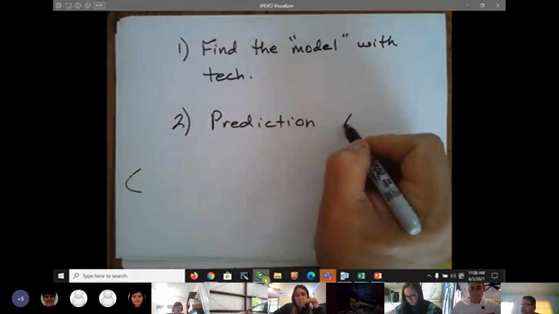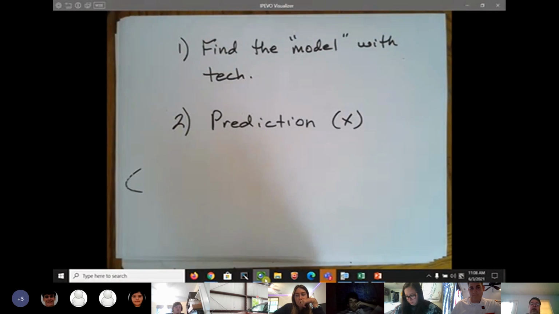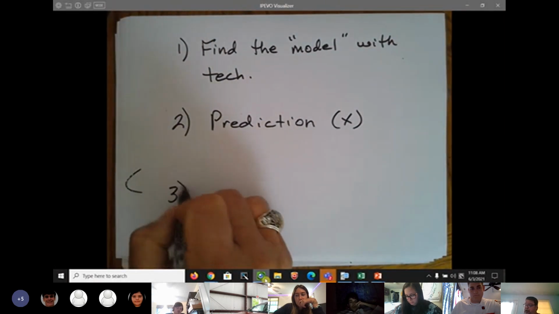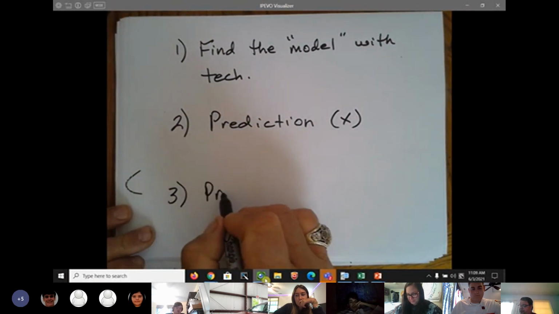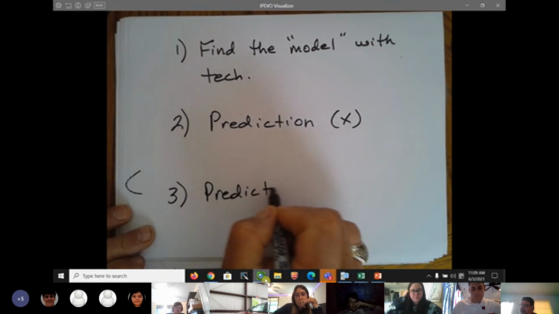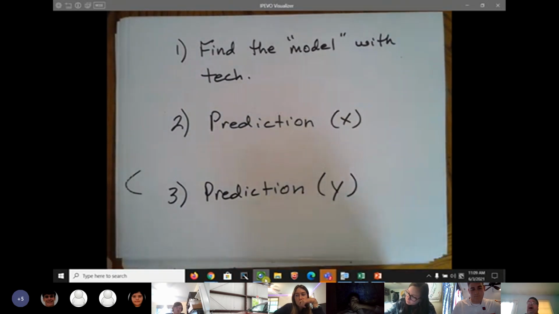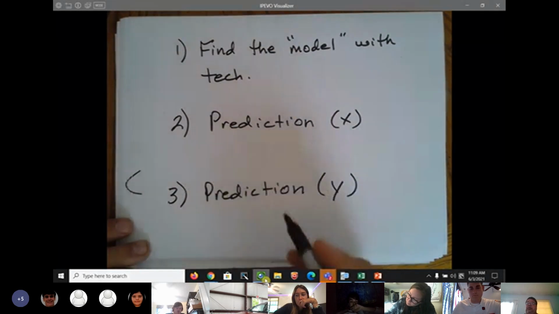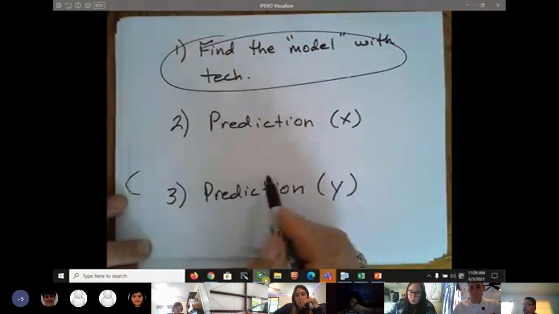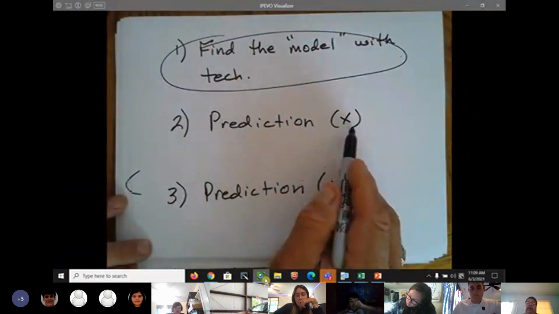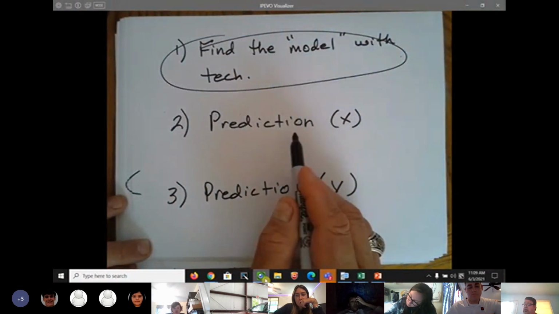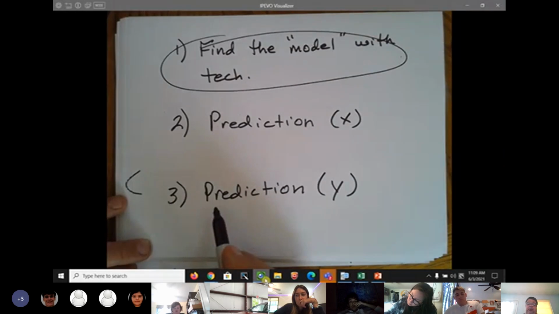And then usually the third one is going to be a prediction where they give you not X, but what? Y, and then you solve for X. Now that's usually the way they do these problems. Find it, then plug in a couple of things for X and tell me what year, and then what is the population going to be in 2015?